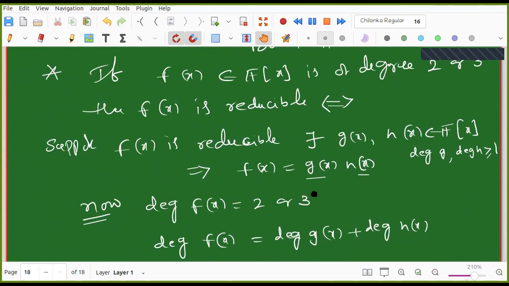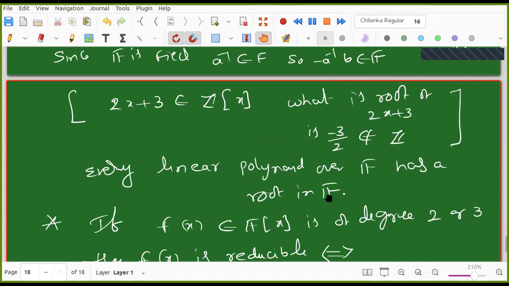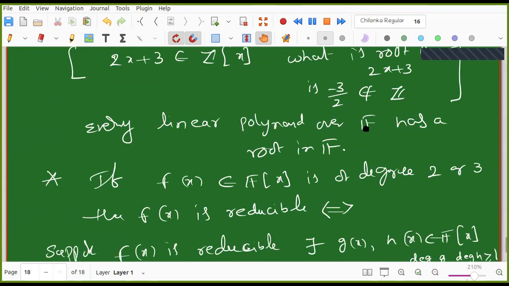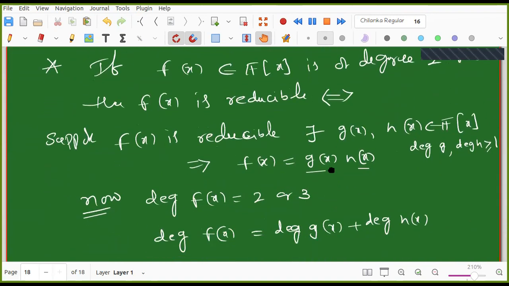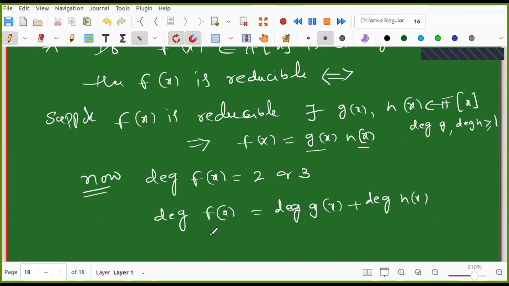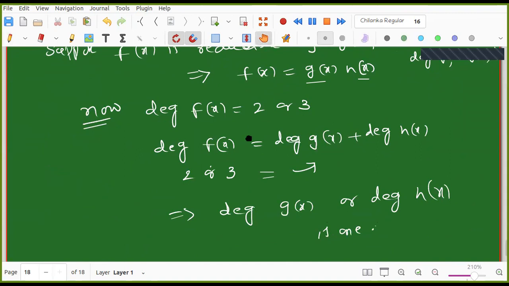When we have a linear factor, then you know something: every linear polynomial over F has a root in F. So 2 or 3 is equal to the degree of this, which implies the degree of g(x) or the degree of h(x) is 1, right?